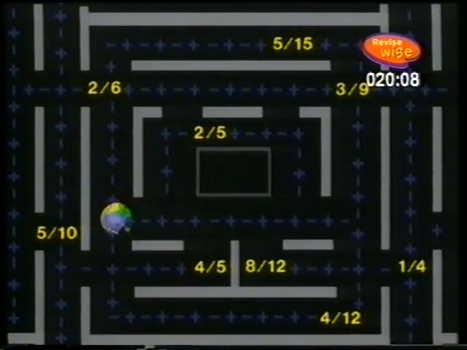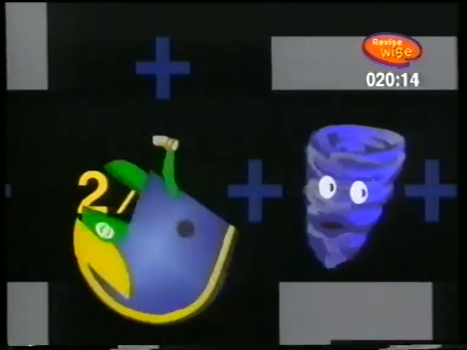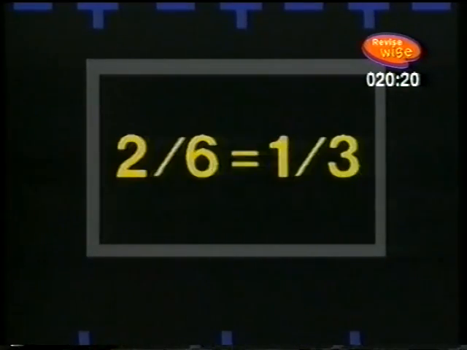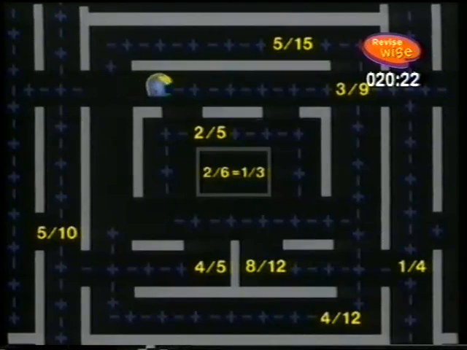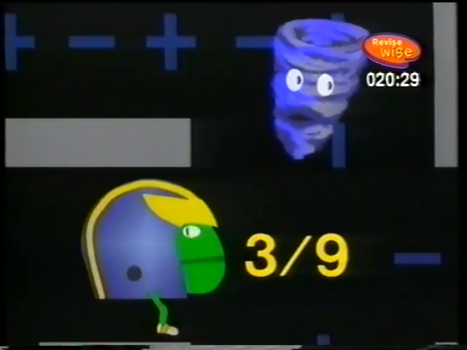Yep. Mathman, Mathman, Mathman, Mathman. Yep. 1/3. I still got it. Mathman, Mathman, Mathman, Mathman, Mathman, Mathman, Mathman, Mathman, Mathman. That's 1/3. Where is no? Right again.